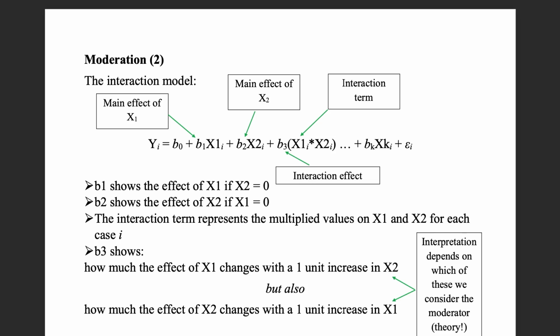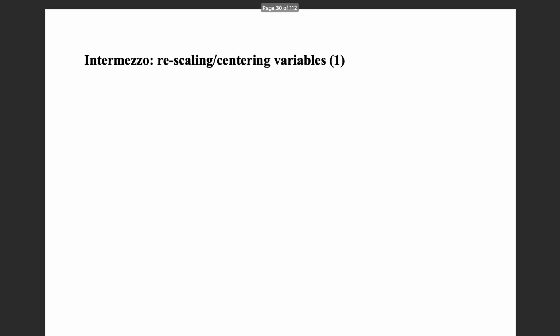But if our theory had suggested that it's actually x1 that's the moderator, and it's about the effect of x2, then we can just interpret B3 as representing how much the effect of x2 changes with a 1 unit increase in x1, because again, mathematically, both of these things are completely equivalent. So it really depends on your theory which interpretation you use. Which one of those variables do you consider to be the independent variable, and which one do you consider to be the moderating variable, the moderator?